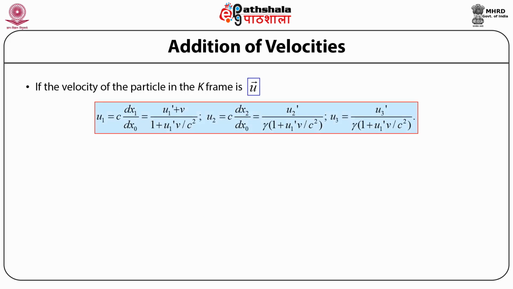Now, if the velocity of the particle in the K frame of reference is vector u, then using the addition of velocities that we had discussed earlier, u1 = c dx1/dx0 = (u1′ + v)/(1 + u1′v/c²). u2 = c dx2/dx0 = u2′/(γ(1 + u1′v/c²)), and u3 = u3′/(γ(1 + u1′v/c²)).